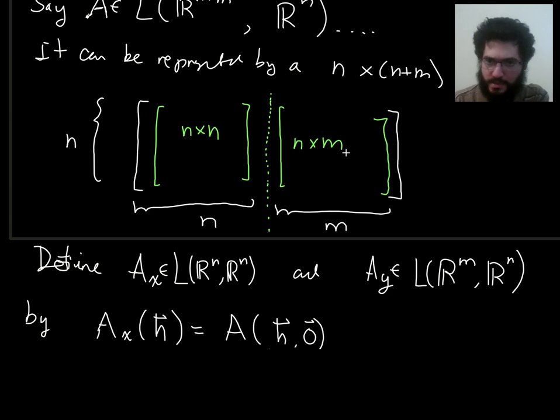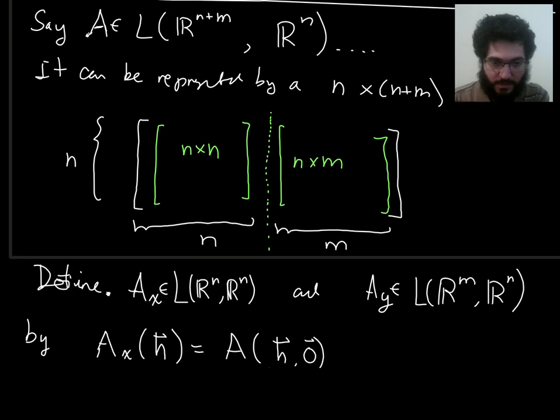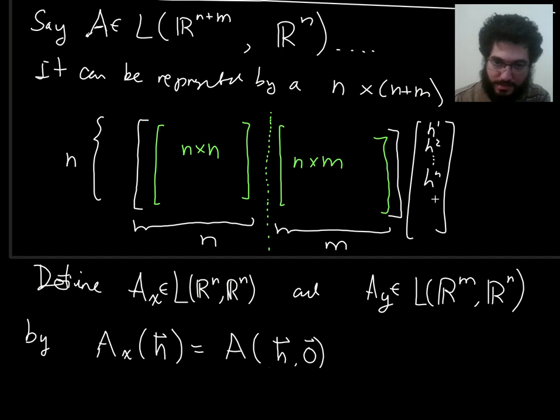And I hope you can kind of see how that is cutting the matrix like this. If you think of A as represented by this matrix in the standard basis, then h comma 0 would have the representation of the column vector h1, h2, etc., hn, and then you have m zeros here.